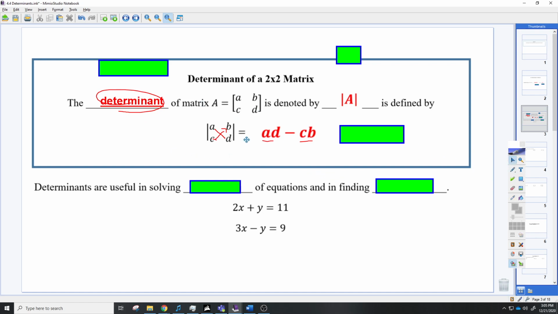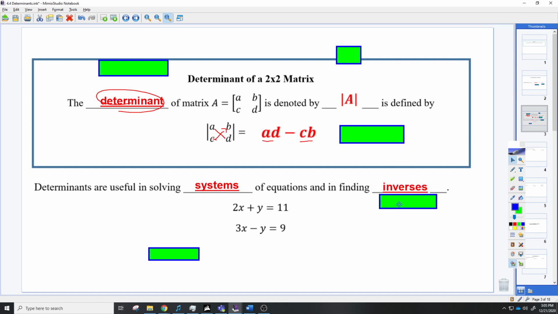So that's one of the things we're going to practice, only working with 2 by 2 matrices and trying to find the determinant. Determinants are useful in solving systems of equations and something that we're going to talk about a little bit today, inverses.